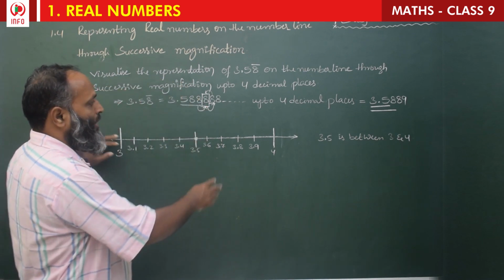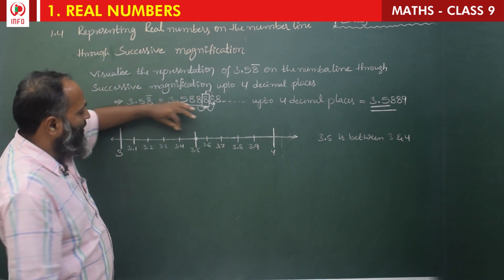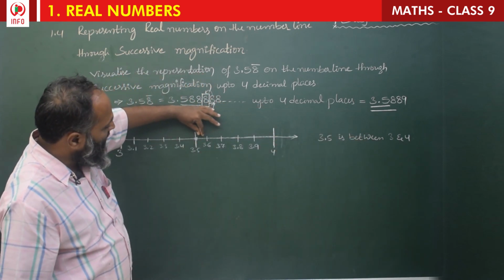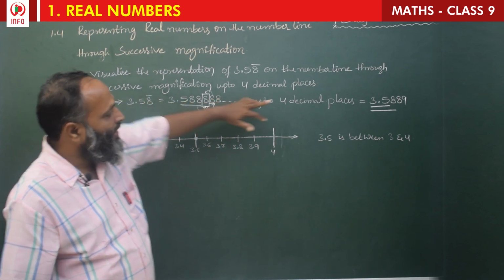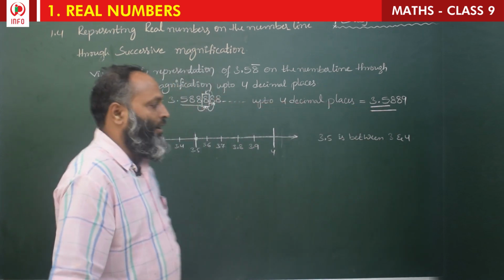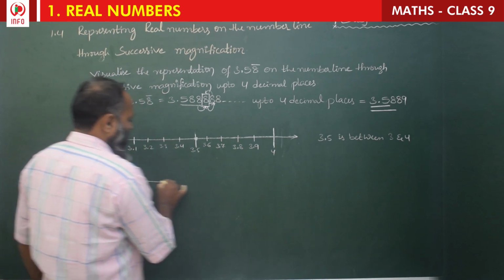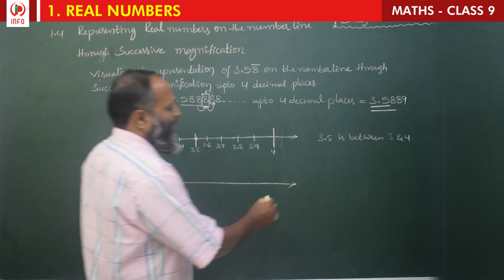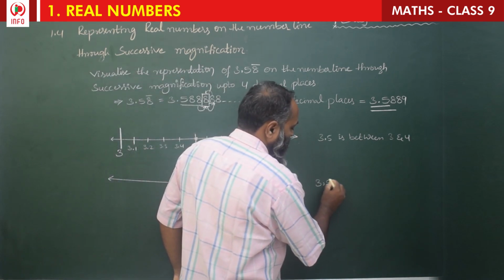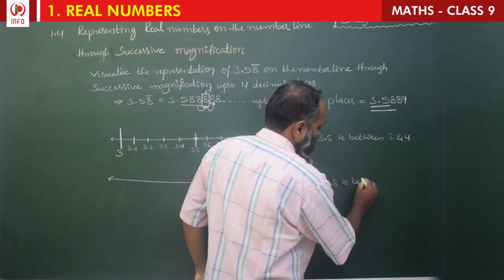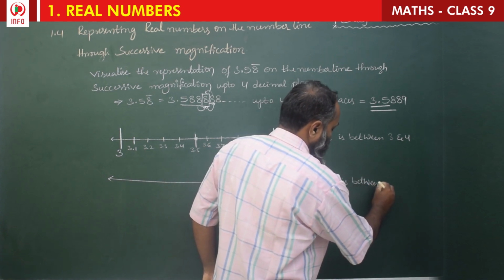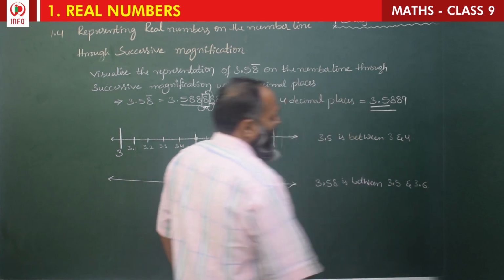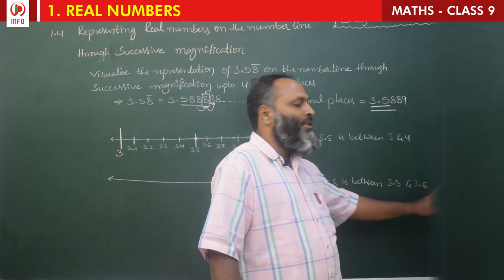First we should zoom to get 3.5. So 3.5 here you will get. Again 3.58, where will you get it? If you zoom here from 3.5 to 3.6, then you will get 3.58. It means 3.58 is between 3.5 and 3.6. 3.5 means 3.50, 3.6 means 3.60.